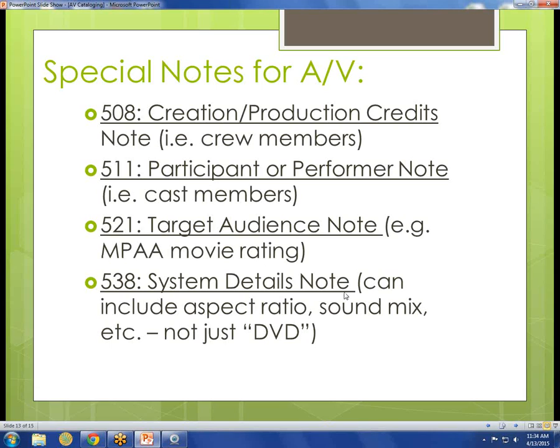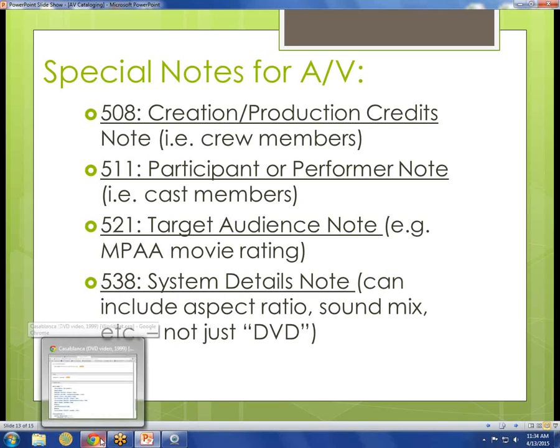538, system details note. People will just put DVD in here, and that's good enough. But you can also put in, like, is it 5.1 surround sound? Is it a letterbox aspect ratio, any kind of information that might pertain to the movie encoding there.